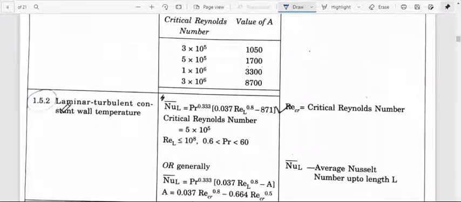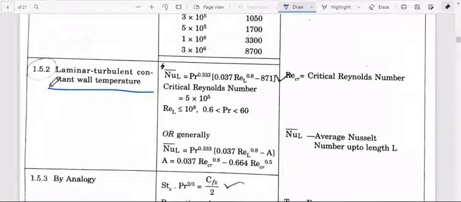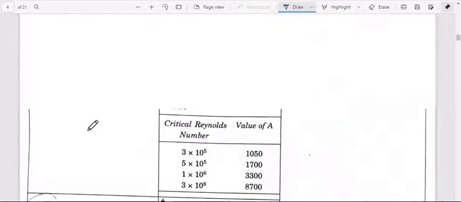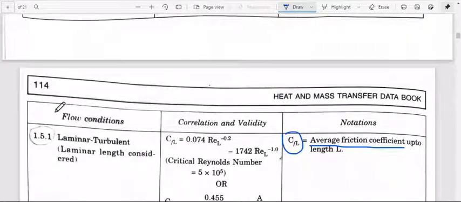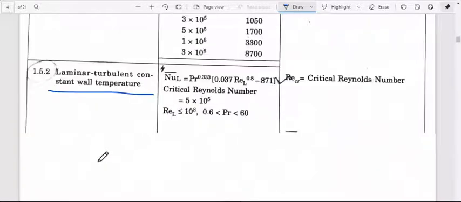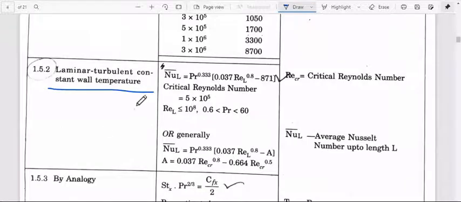Next, 1.5.2, laminar and turbulent constant wall temperature. Sometimes in the problems the flows are mentioned, whether laminar flow or turbulent flow, and after that we need to consider these formulas.